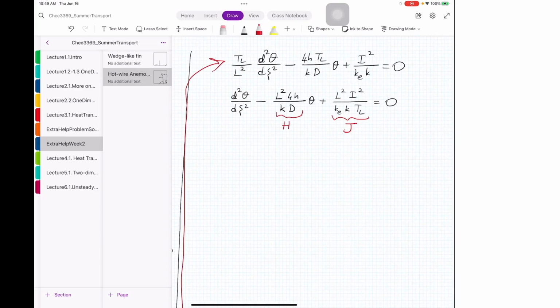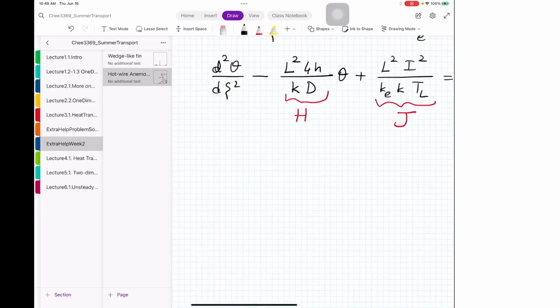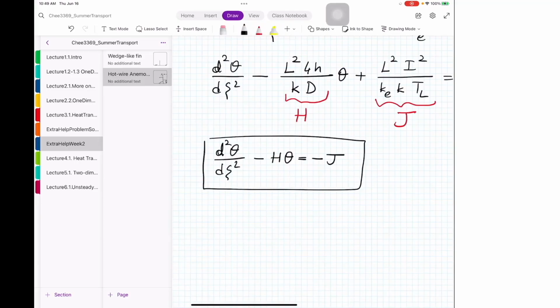So what we have basically is d squared theta over d psi squared minus H theta is equal to minus J. So we got this non-dimensional equation.